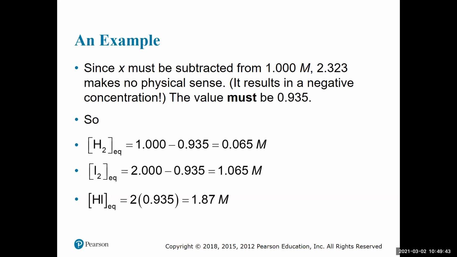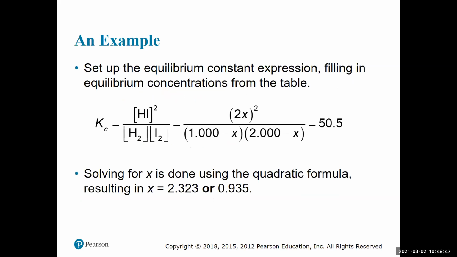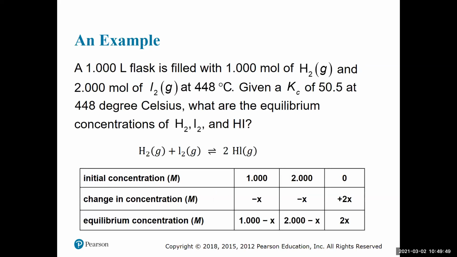A couple things to remember on all this, just going back again through it. I needed to make sure I have a balanced chemical equation. I wanted to set up this table of initial concentration, change in concentration, and equilibrium concentration, all those in moles per liter.